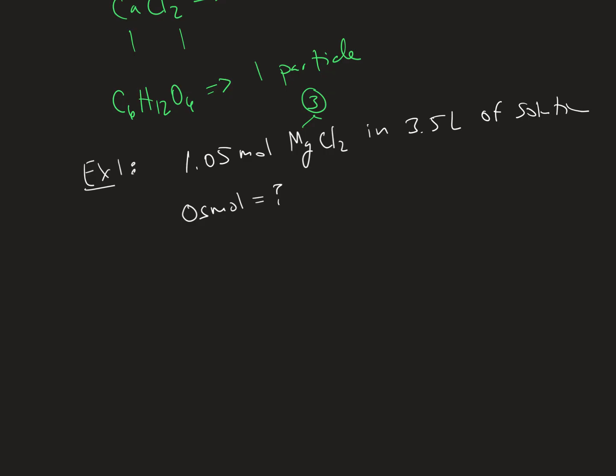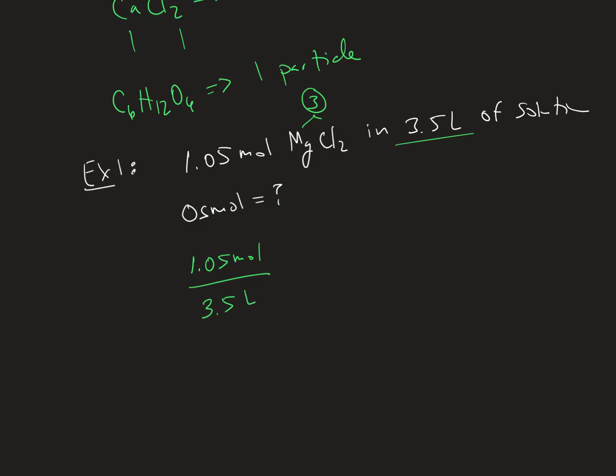So molarity is what goes on top? Moles of solute. So what goes on top? 1.05 moles. And what goes on bottom? 3.5 liters of solution. And then that's the molarity.